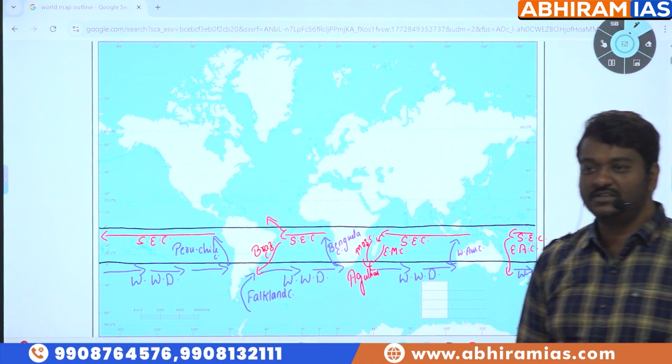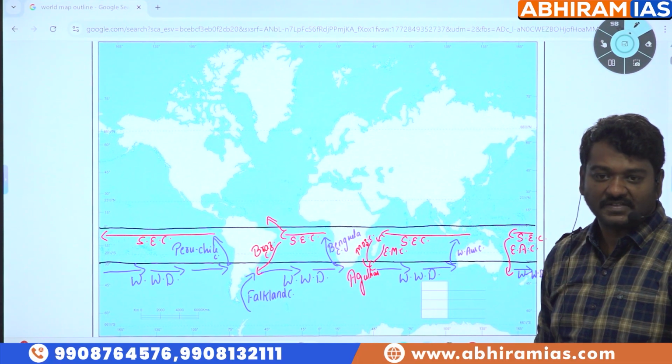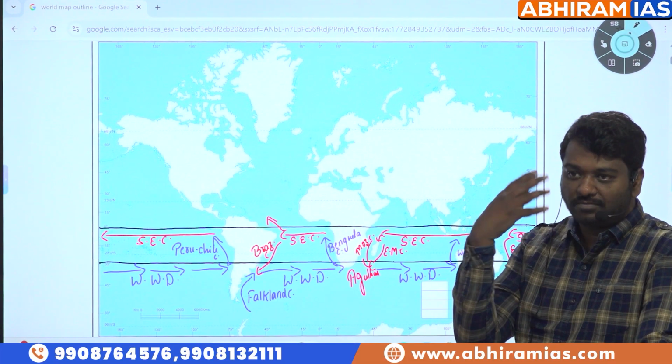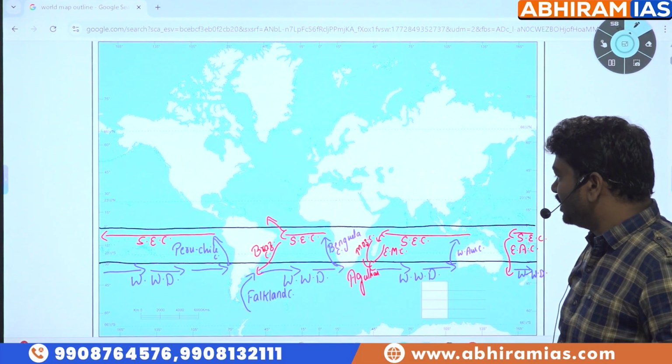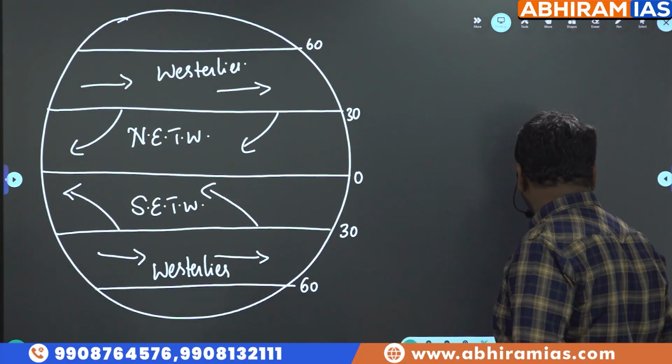You would have seen all these names, but what I'm trying to tell is how to remember these aspects in the exam, what to think, because as soon as you see them, you will have a lot of confusion.